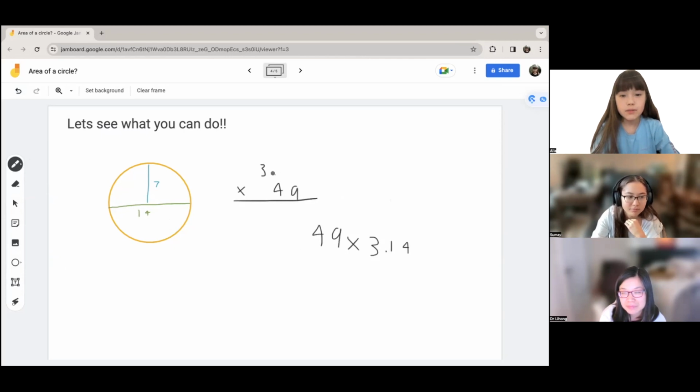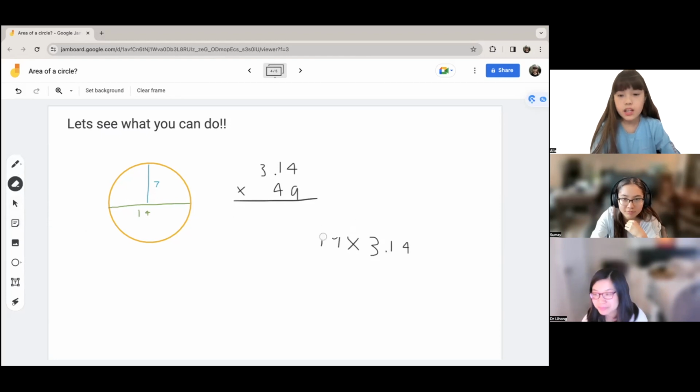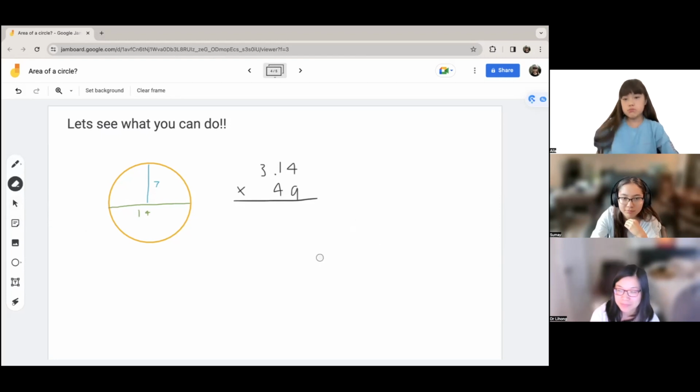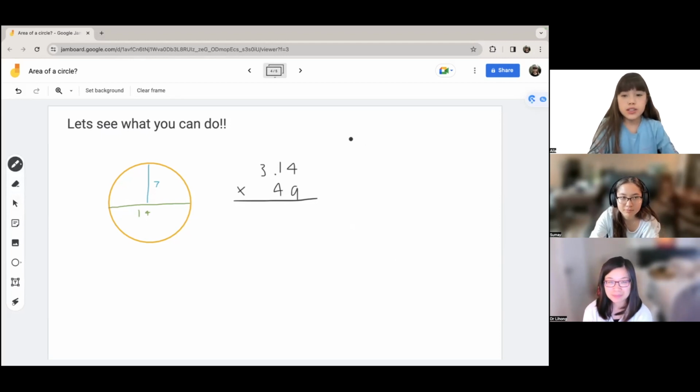Times 3.14. Now, the way we do this is you see that this goes down to the 100th place, right? And so that would be 2 decimal points over. So we're going to save that 2 for later, and I'll show you why in a moment. But first, let's just do this like a normal multiplication equation.